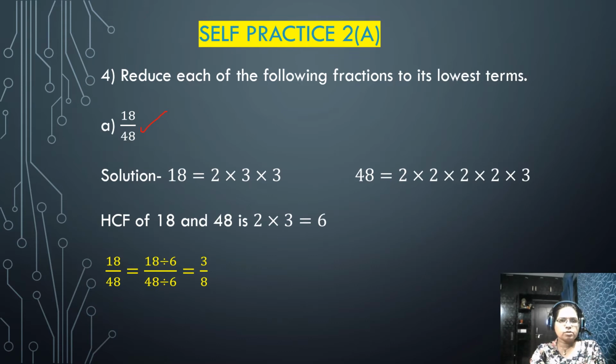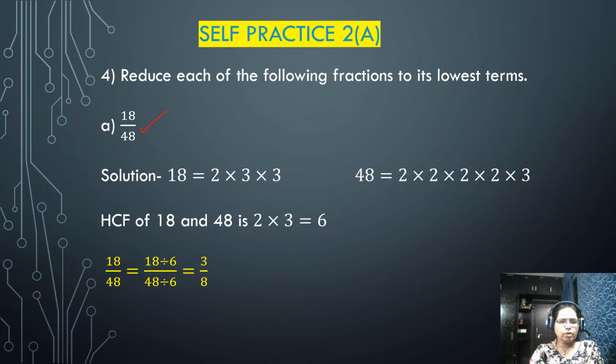When we reduce a fraction to its lowest form, first we have to find the HCF, the highest common factor, and then divide the numerator and denominator by it. The fraction we get after dividing is the lowest form of that fraction.